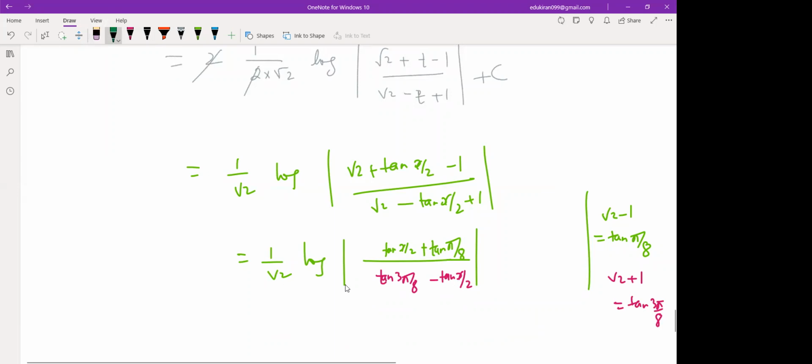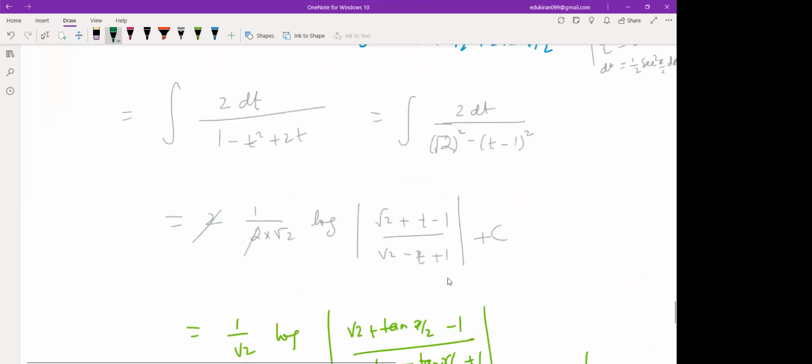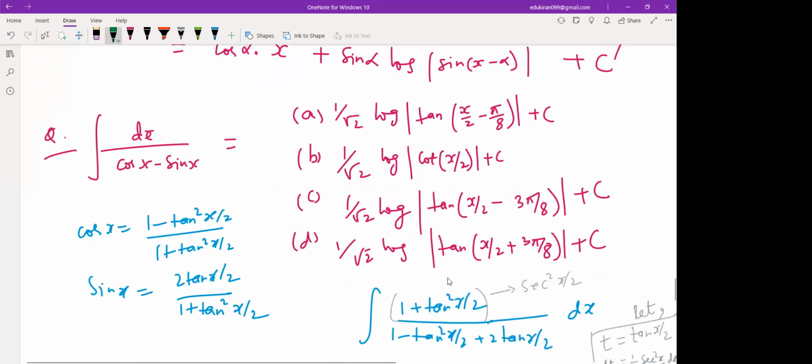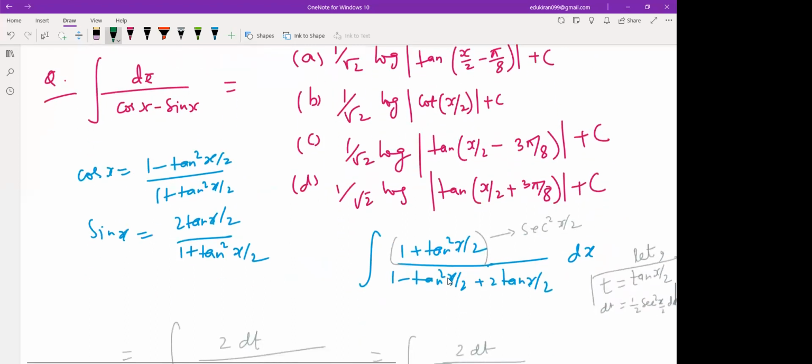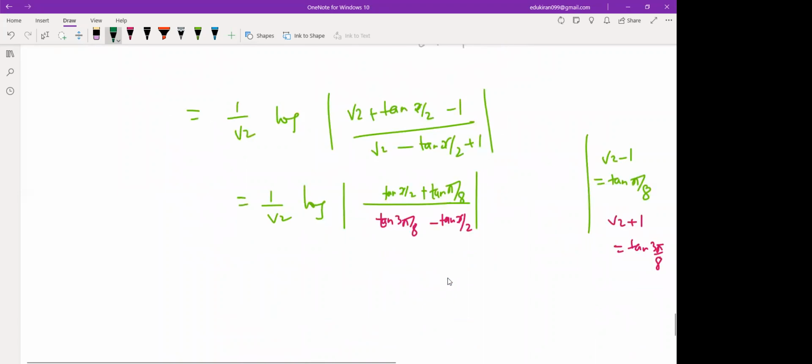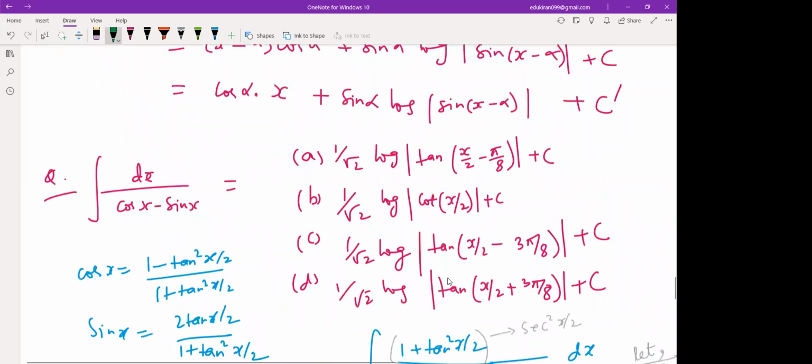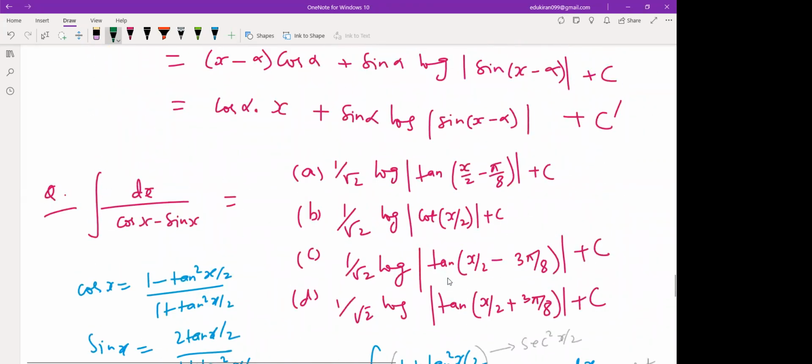Fine. Options we have to check. Tan x by 2 minus tan pi by 8, 1 plus tan x by 2, tan 3 pi by 8. Okay. Let us see what is the answer they have given.